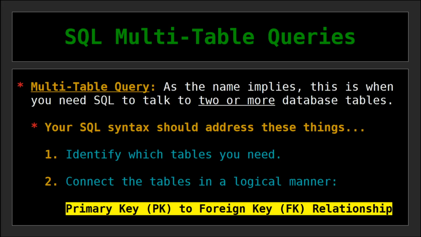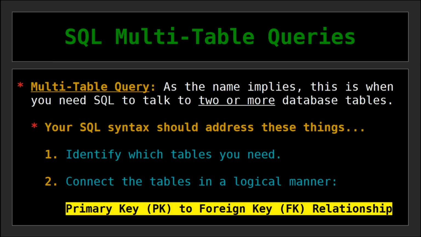The thing you definitely need to keep in mind with multi-table queries in SQL, as you can see from my slide, is that there are two major things to worry about. First, it sounds obvious, but you need to identify which tables you need in your SQL syntax.